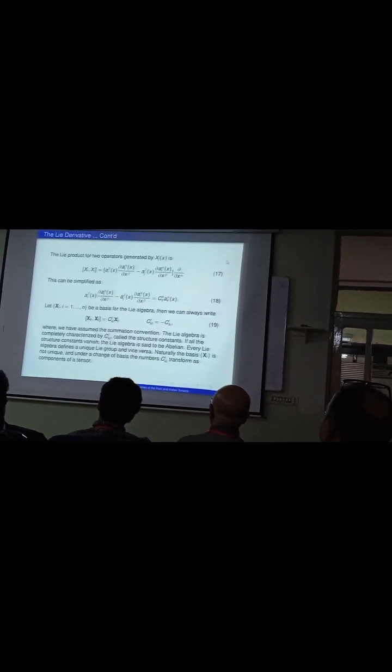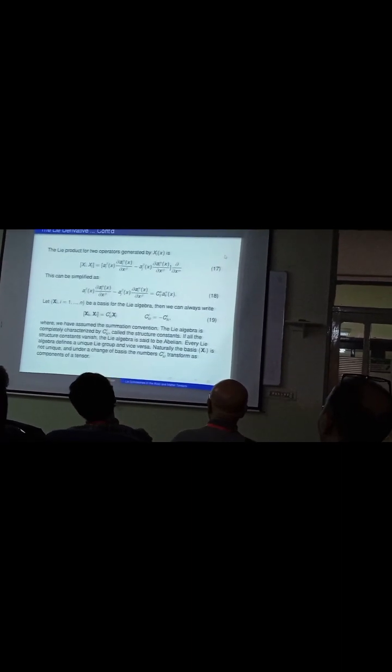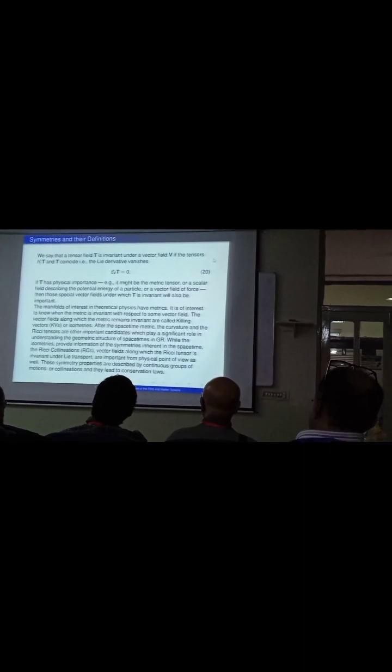So these Lie symmetries generate a Lie algebra, which is characterized by these structure constants. This is the background for how we define the Lie symmetries. We take any tensor T, a general tensor, and its Lie derivative along V. If it is conserved, we say that this is the Lie symmetry of that particular tensor.